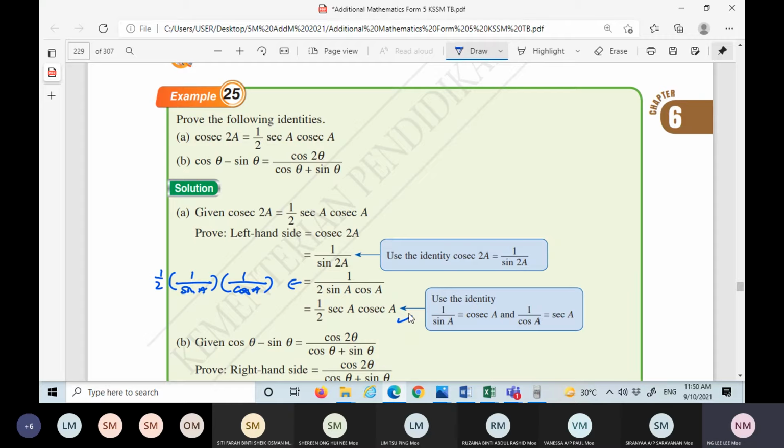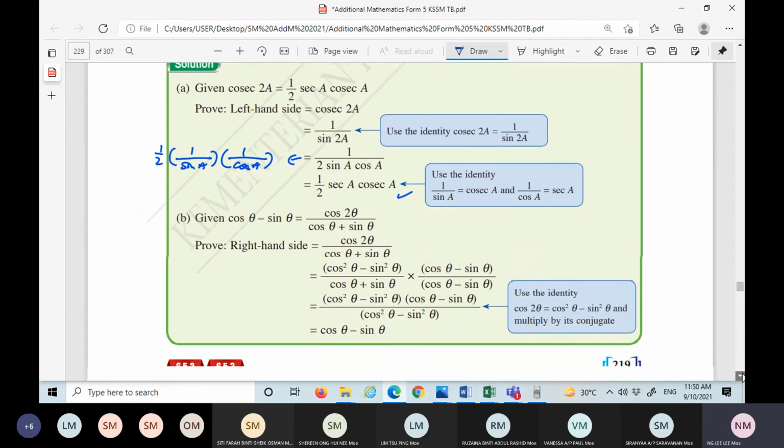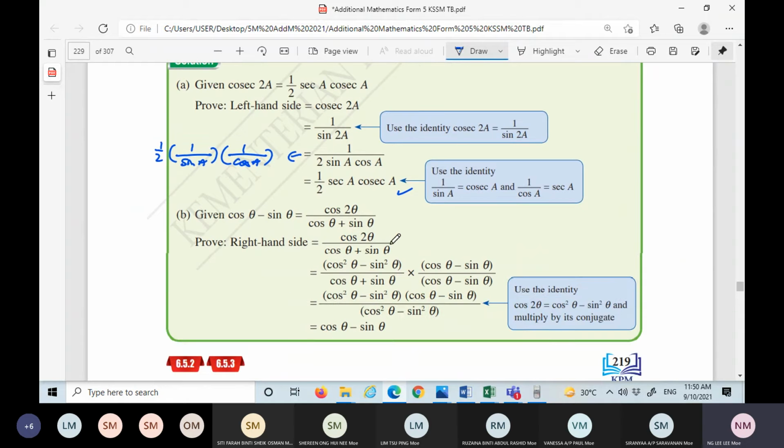Now we're going to go to question B. Here you can see the double angle. It looks like I don't know what to do yet, so I think better to start from the right hand side. We start from the right hand side, but still don't know what to do.